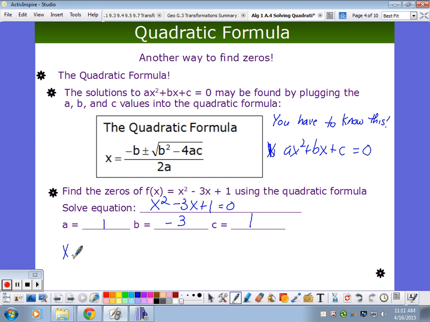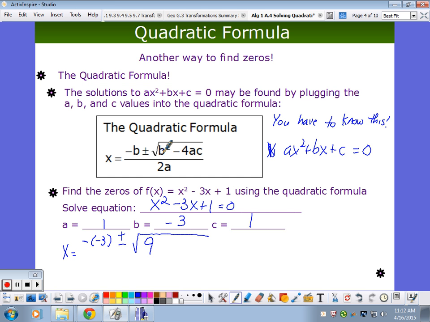So x will equal negative b. See, b is negative. Plus or minus the square root of b squared. What is b squared? Negative 3 times negative 3 is 9. B squared is always a positive number.